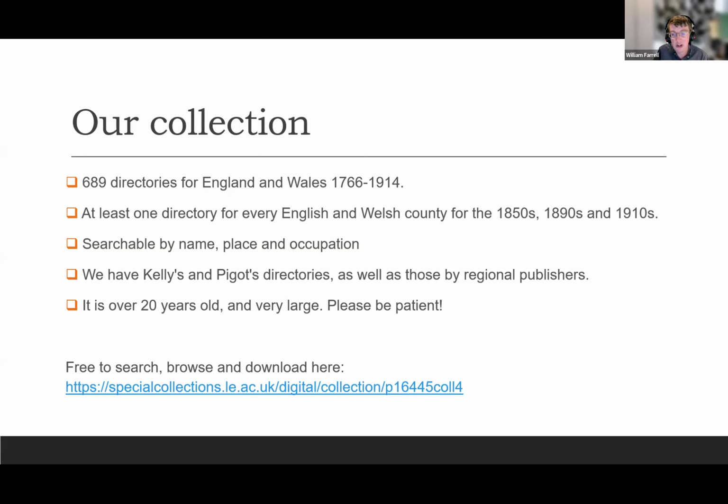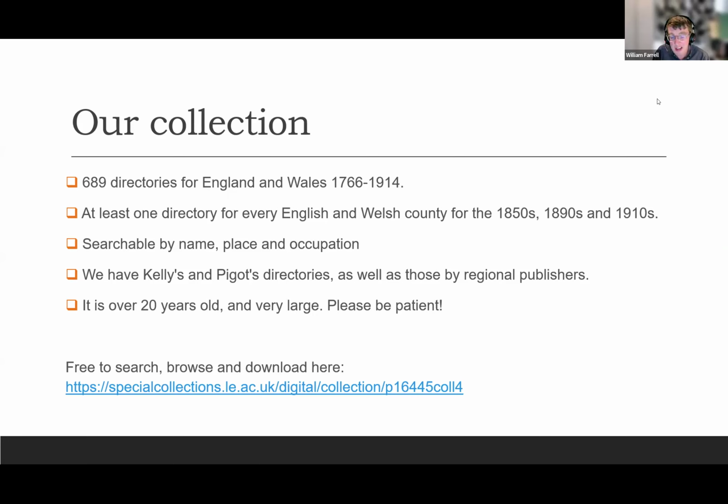That was partly to have a kind of equal geographical coverage, also to be able to track change over some key snapshot decades, but also so that the directories could be linked up with the census for 1851, 1891 and 1901. So that's why some people ask, why did you digitize these directories particularly? And that's the explanation for the core of our directory.